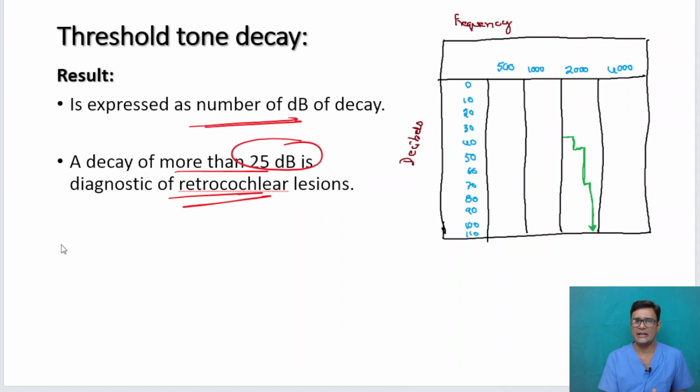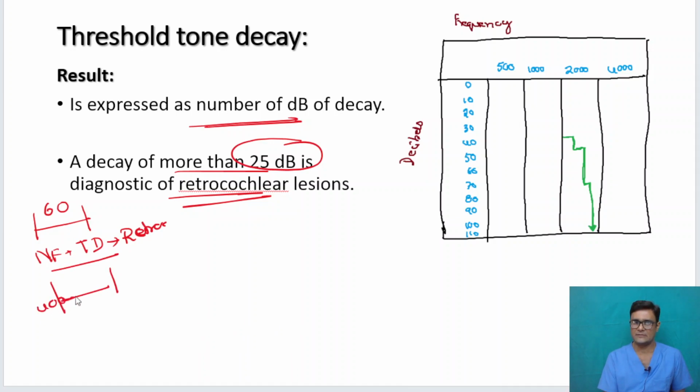Just a quick recap. A normal person should be able to hear a tone for a complete 60 seconds. In nerve fatigue, the patient has what is called tone decay, seen in retrocochlear type of hearing loss. He cannot hear for a complete 60 seconds. You give a tone of 4000 hertz, and if he stops hearing it, you increase by another 5 decibels. He hears it for some time, then says I can't hear, and you increase by another 5 decibels.